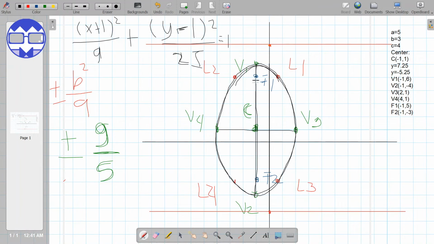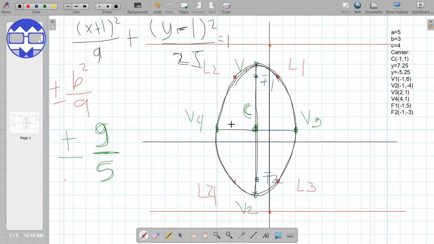This is true because this is our a: a is 5 times 2, that's 10. For our b, 3 times 2 should be 6. So 1, 2, 3, 4, 5, 6. So it's 6.